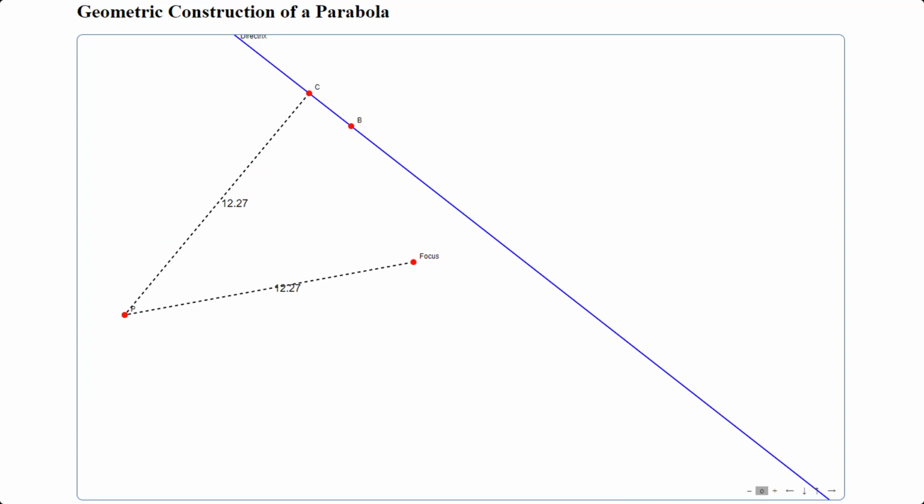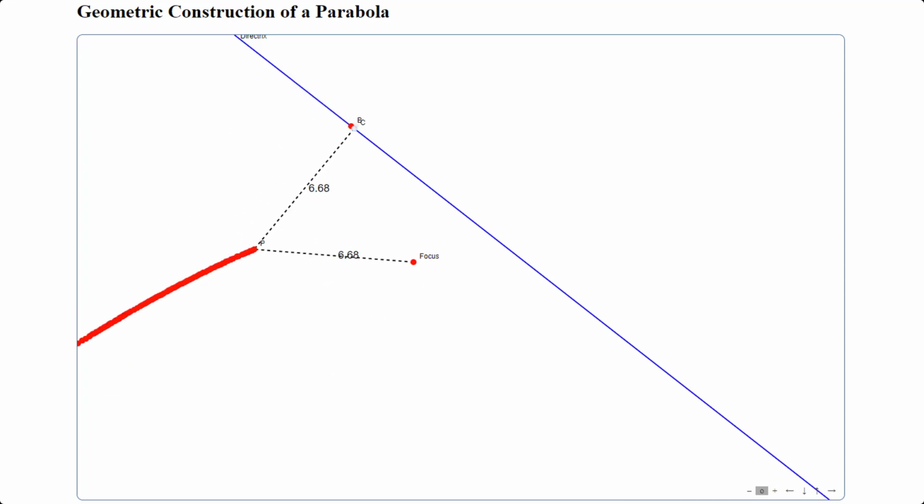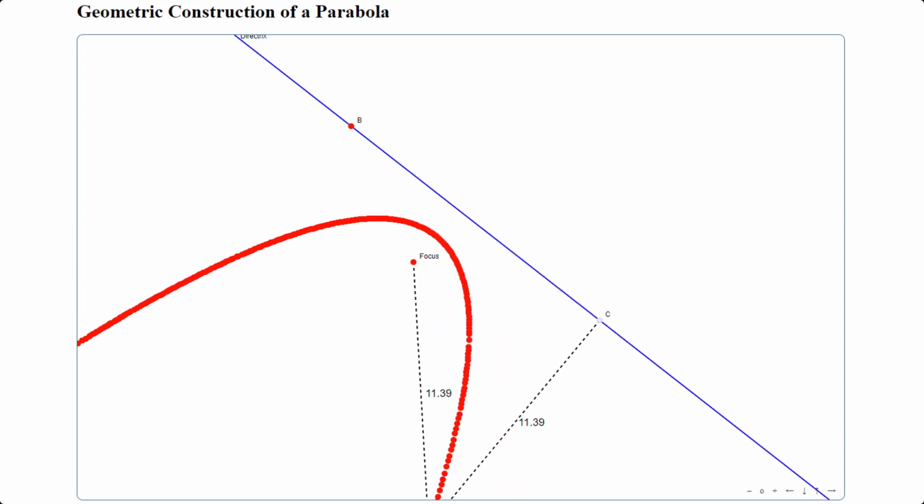We'll erase what we have, and now I'll draw all the points that are equidistant. Now you might see that parabolic shape a little bit better. It doesn't matter how it's tilted, you will always have the parabolic shape as long as you're finding the point that is equidistant between the focus and the directrix.